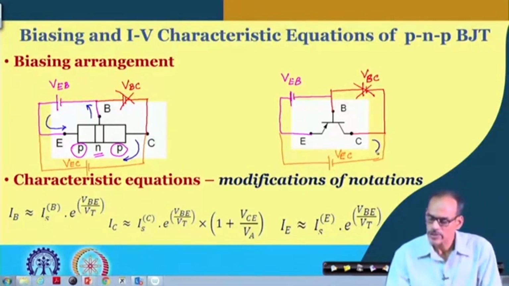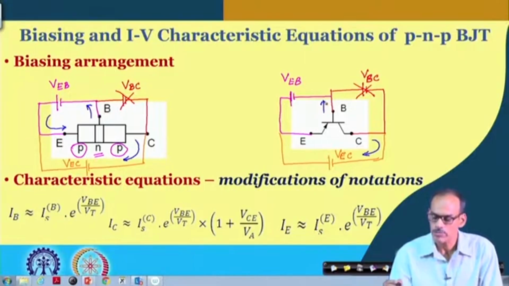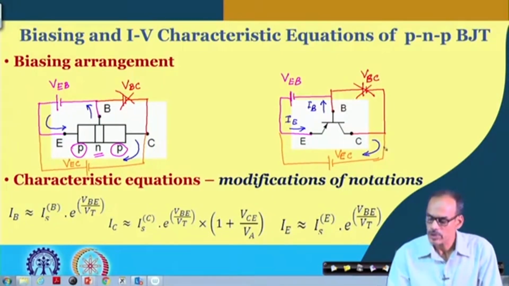So, that is the actual direction of the currents. So, you may say that this is the actual positive direction of the current, and so we do have IE, we do have IB, and then we do have IC like this.